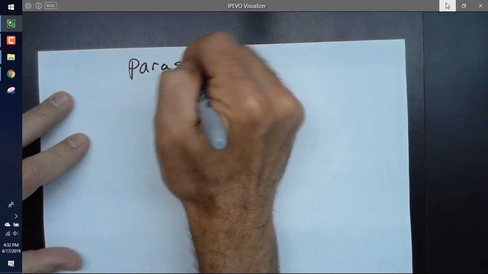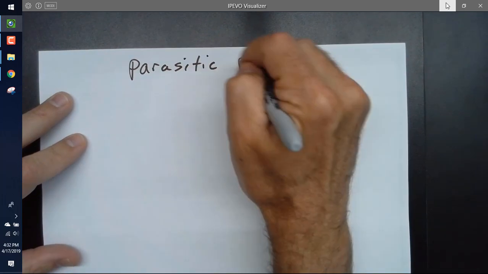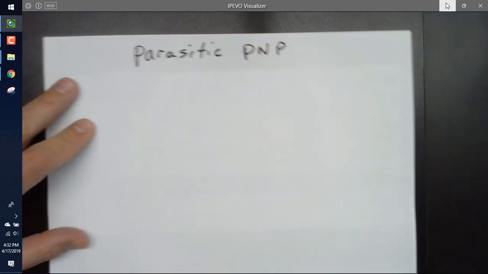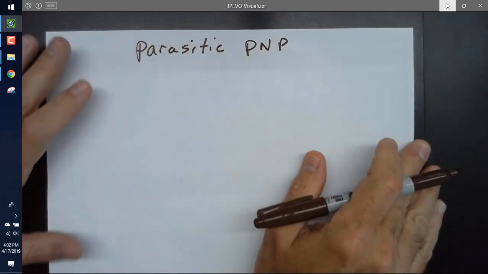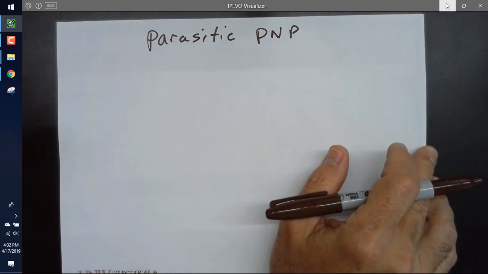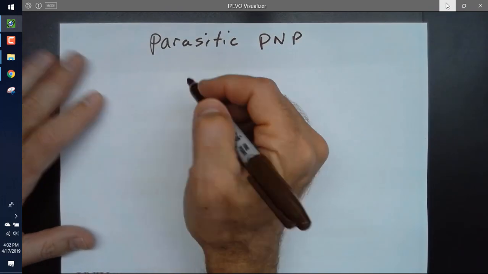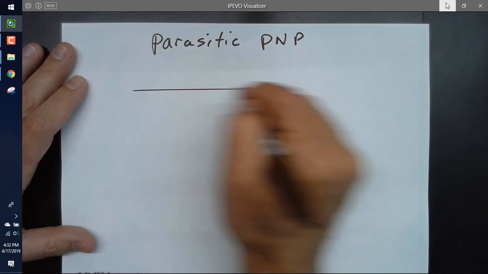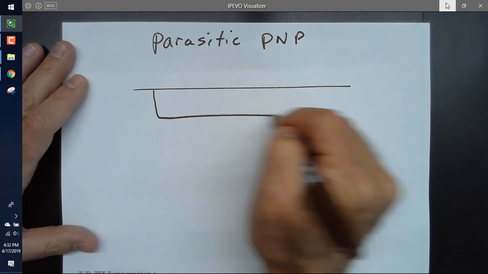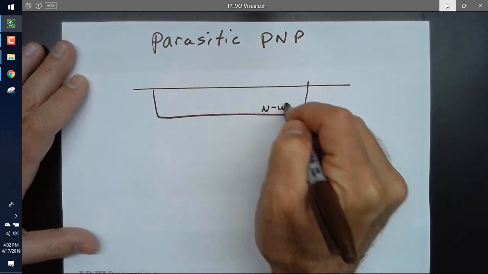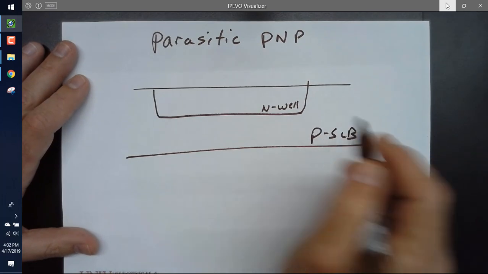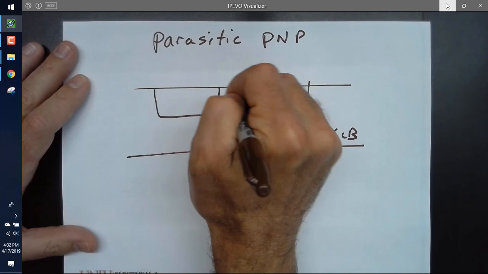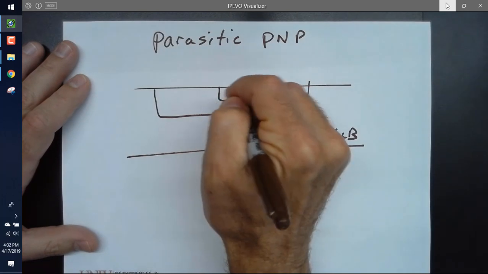Parasitic means that it's inherent, it's built into the process, but not a parameter that you get in. They'll characterize them almost now, because of band gaps, almost always nowadays. But what it is: you make an N-well in a P substrate, that's the material, and then inside of that you have a P plus.